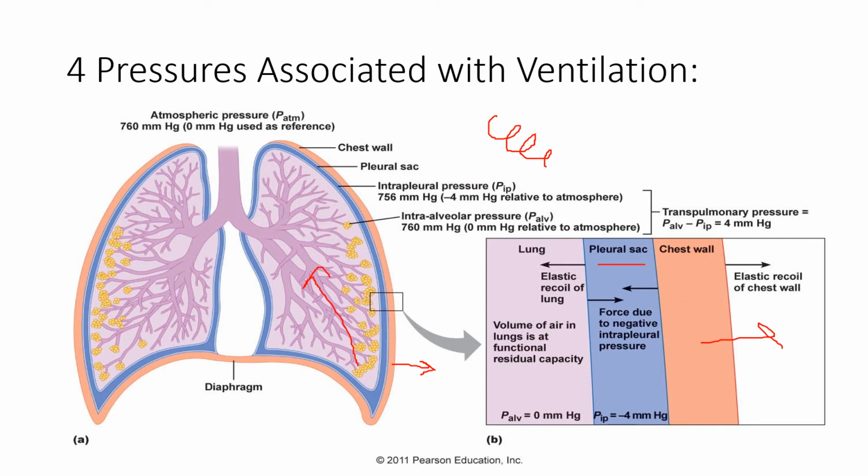This creates greater volume in the pleural space, which decreases the pressure even more, which allows the lungs to expand even further, which increases their volume and therefore decreases their pressure. And we allow air to flow into the lungs.